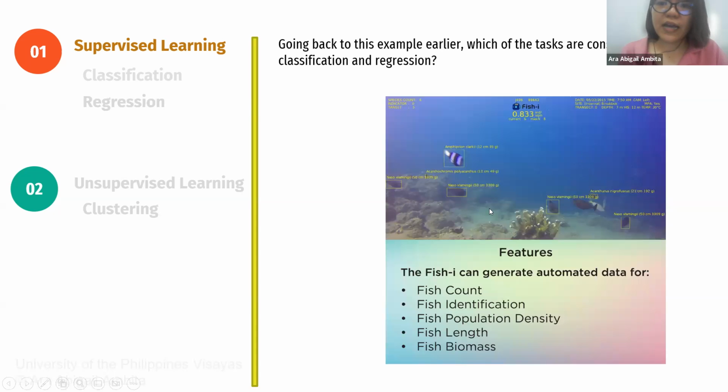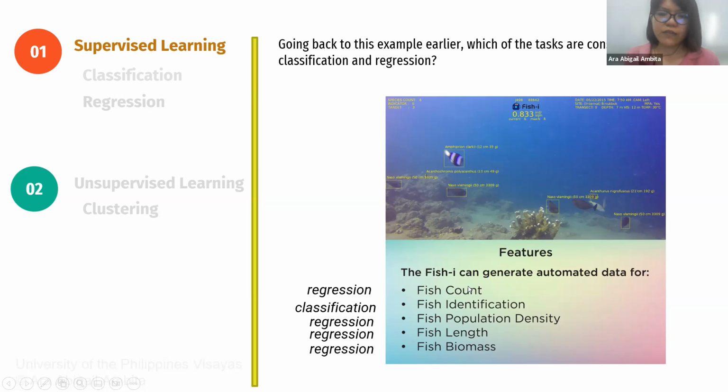Again, here's another example. This is Fish Eye, a local underwater application which can generate automated data for fish count, fish identification, fish population density, fish length, and fish biomass. Which of the tasks are considered classification and regression?